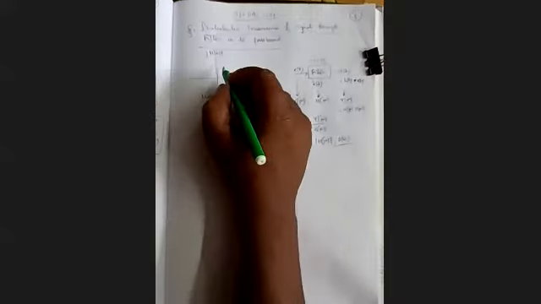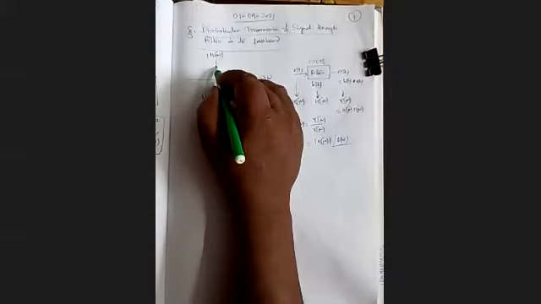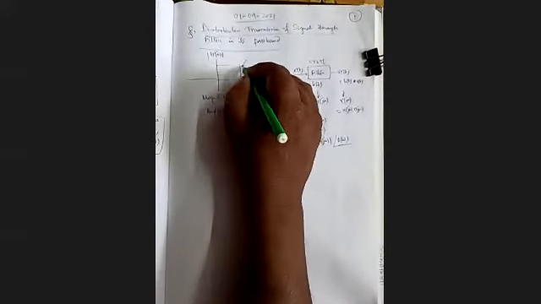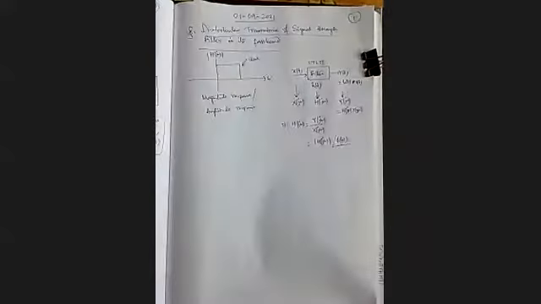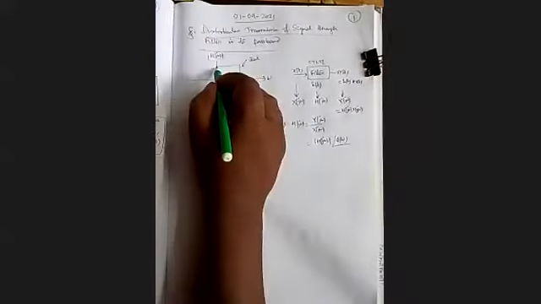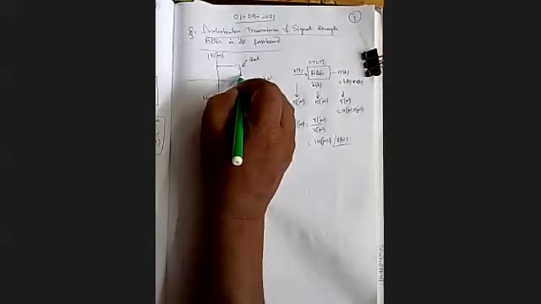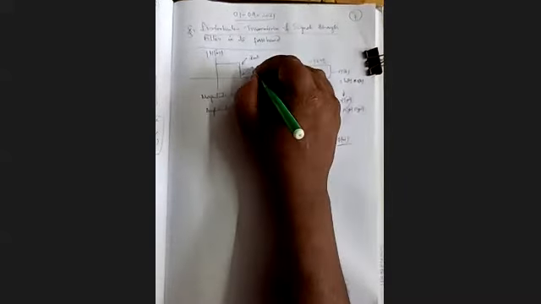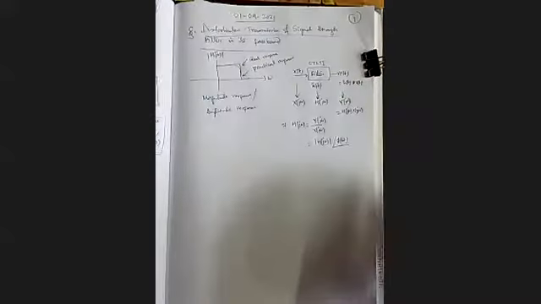One such plot can be something like this, ideally. This is the ideal response, but the practical response can be something like this one. So this is the real or practical response, the ideal response and practical response of any filter.